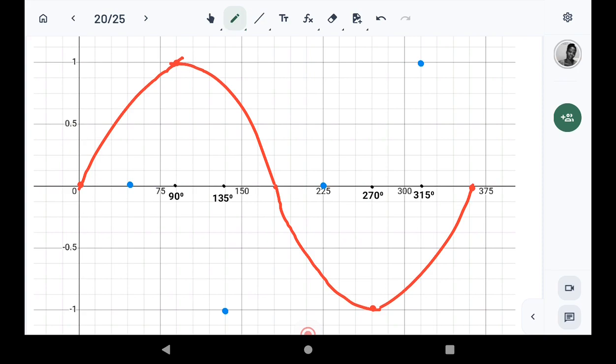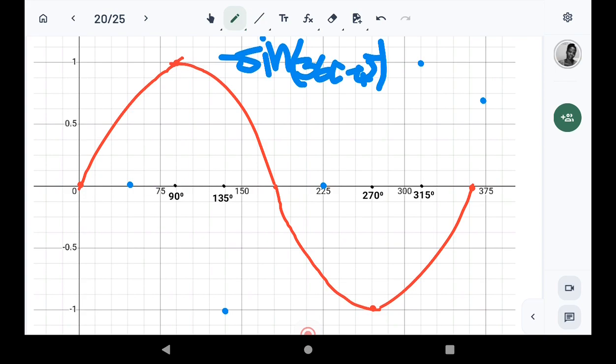And then we will have to calculate what we get at 360 degrees. So we go negative sine in brackets 360 minus 45. That gives us 0,707. So that will be somewhere there. All right.